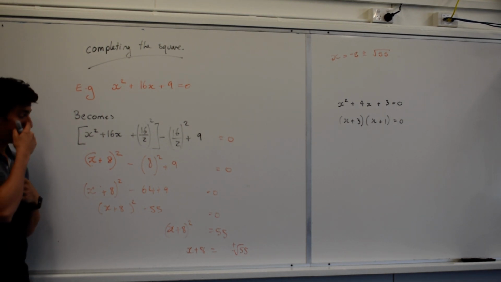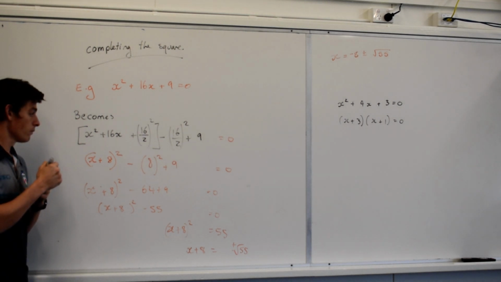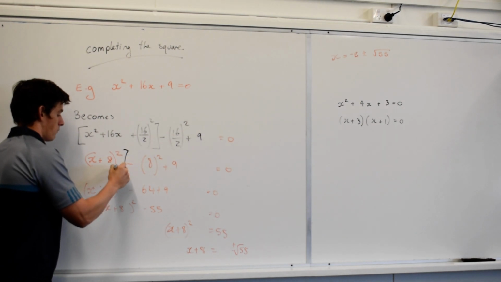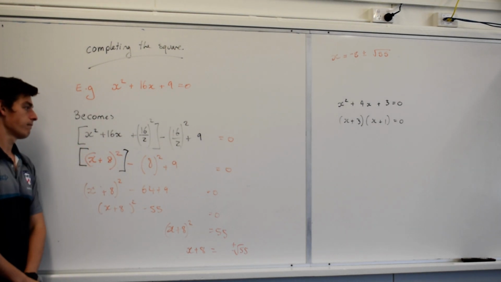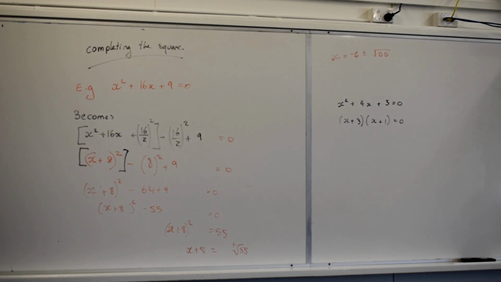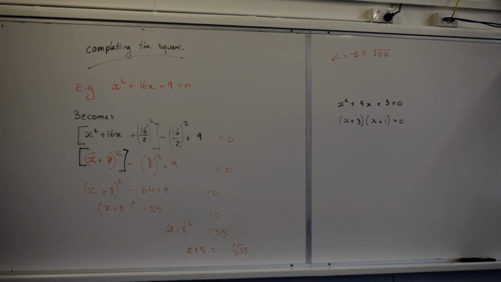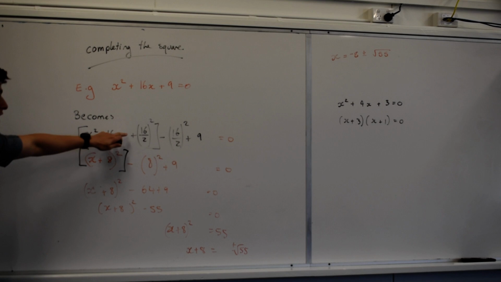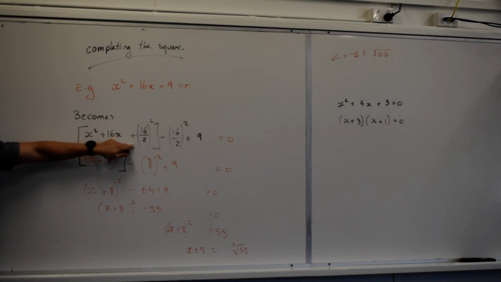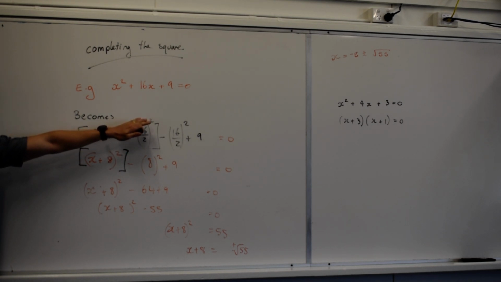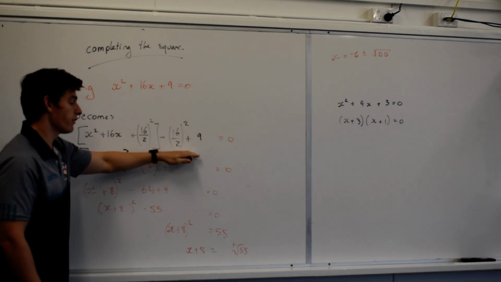Why have I done that? Because you found half of the 16x, and squared it. So all I've done is I've halved this number and squared it. Now I've left the other stuff over here.